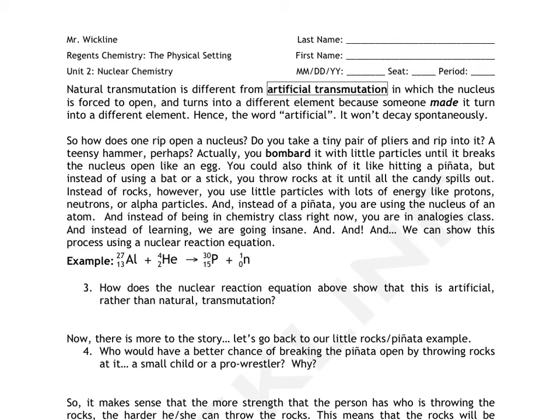So here's an example. In this particular example, I'm showing you a nuclide of aluminum, and this guy right here, I'll circle it in red, this alpha particle or this helium nucleus, in any case, it's a bombarding particle because it is shown on the left-hand side of the equation, and it's clearly colliding with the nucleus of aluminum.